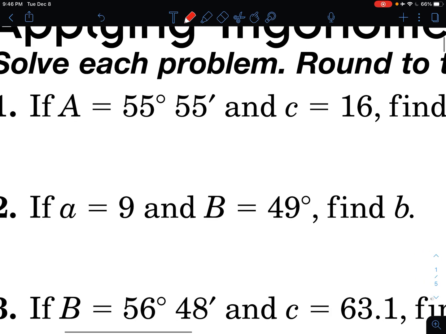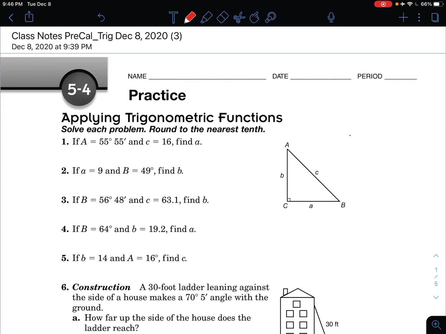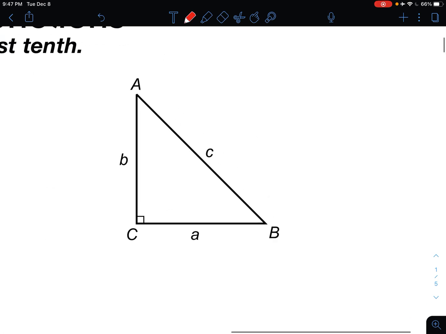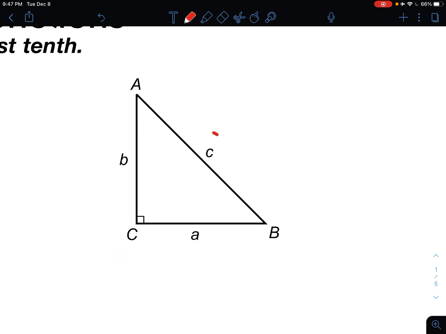It says if A equals 55 degrees and 55 minutes and C equals 16, find A. So what they're talking about is over here with the triangle, we have these letters. The big letters represent your vertices, and the little letters represent your sides. The vertices are also where we have our angles.